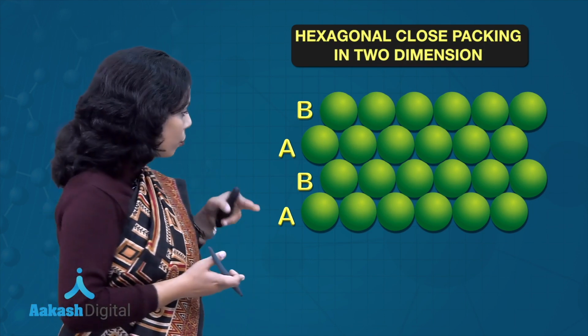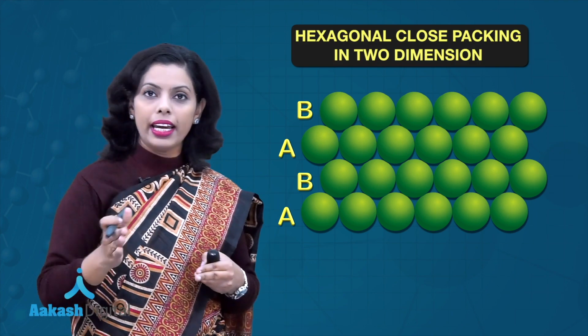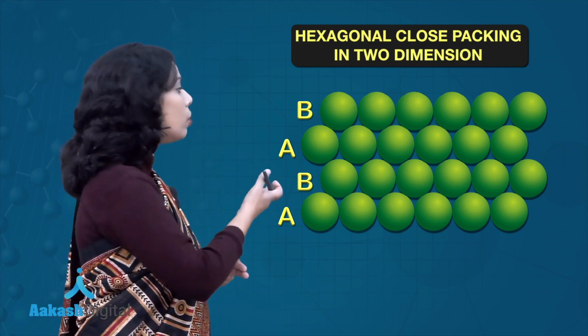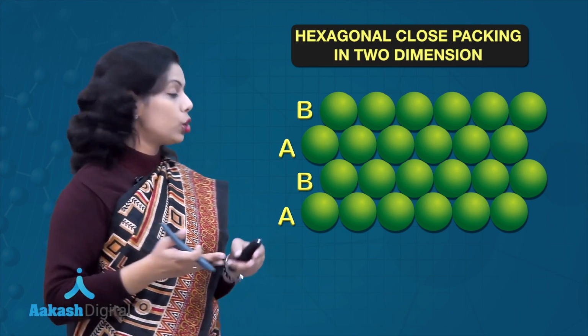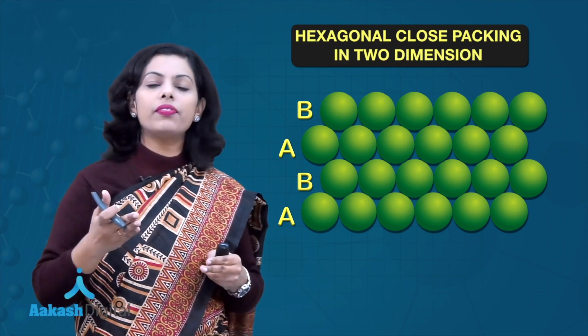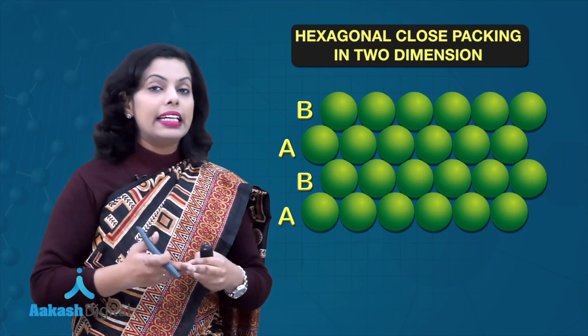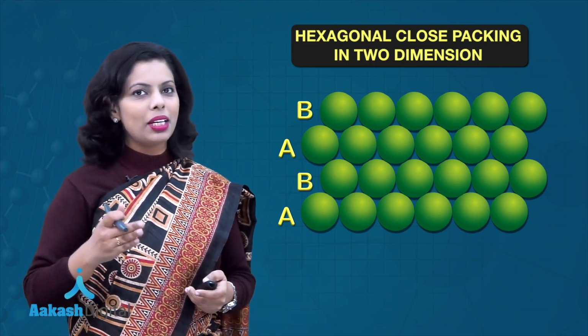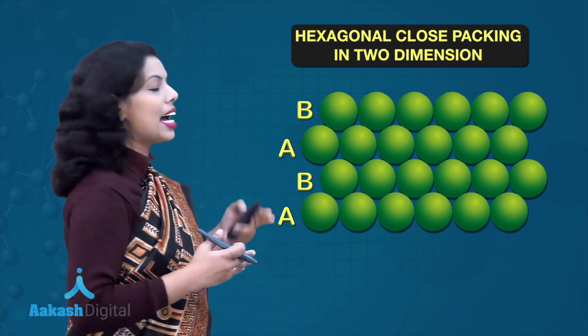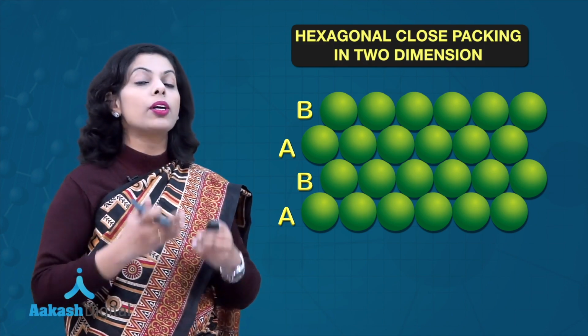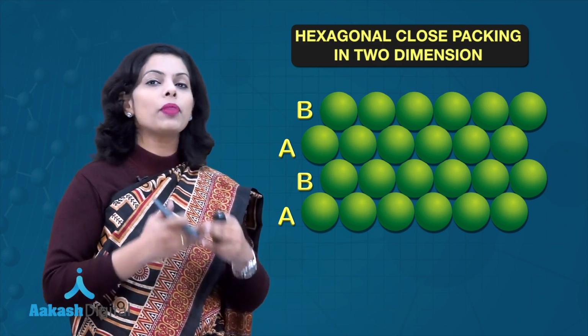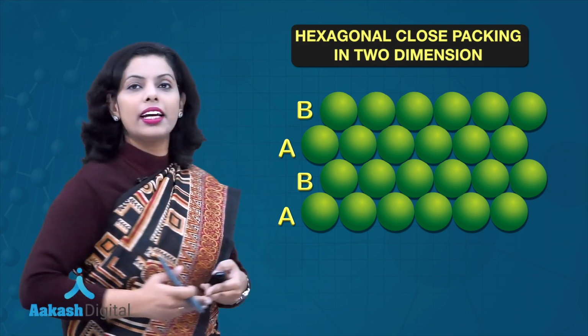It means if the first row is row A, then definitely the third row is also row A, while the second row is row B, then the fourth row is also row B, and this type of arrangement is termed an AB type of arrangement. Why AB? Because the first and third layers are similar and the second and fourth layers are similar.